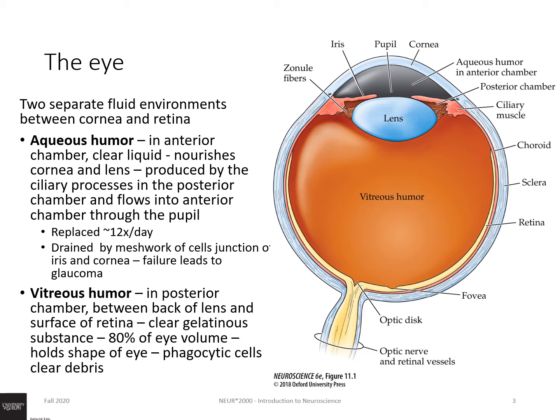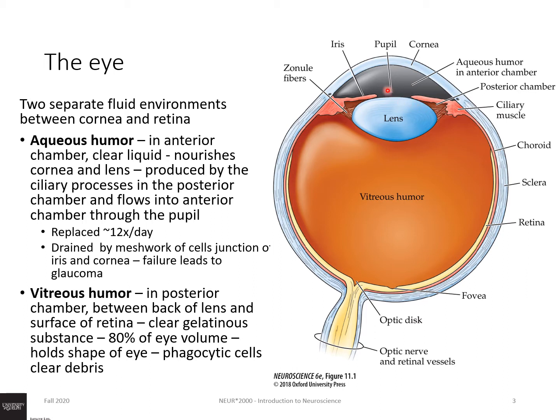So the eye has two separate fluid environments, because I mentioned the aqueous humor and the vitreous humor. The aqueous humor is in the anterior chamber. This is a clear liquid. This nourishes the cornea here and the lens. It's produced by the ciliary processes, and it flows into the anterior chamber through the pupil.